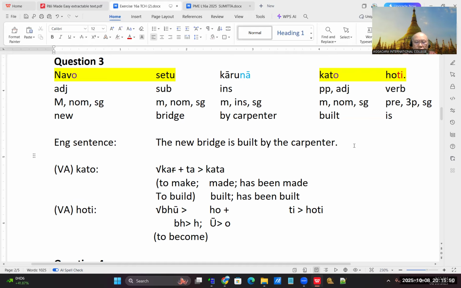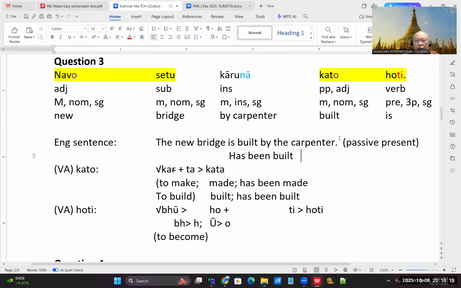No, different. Has been built is a PP. Because this is a PP, you cannot translate it with this one. You have to use a PP type. Has been built, correct. So it's a passive PP. Why is is built not possible? This is a passive present.